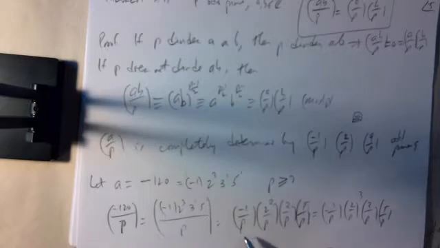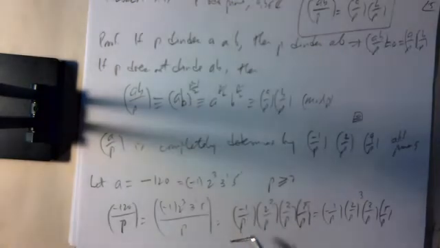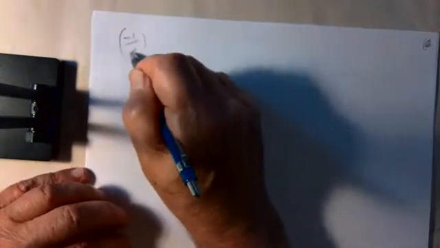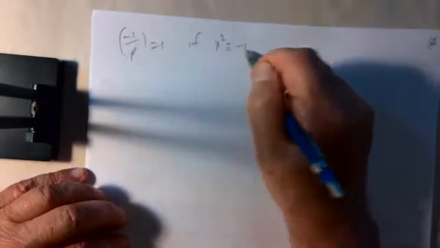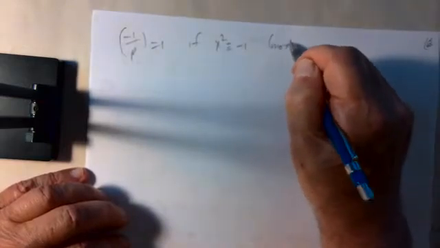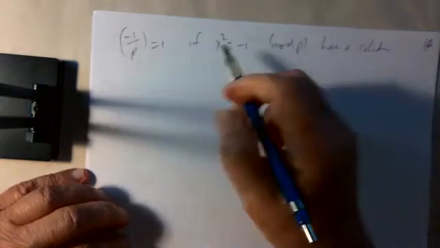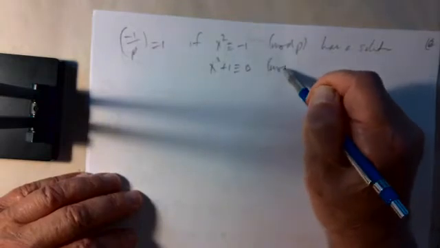Now, it turns out we can quickly decide when minus 1 over p is plus 1 or minus 1. Now, this is really interesting because minus 1 over p is 1 if x squared congruent to minus 1 mod p has a solution, or x squared plus 1 congruent to 0 mod p.